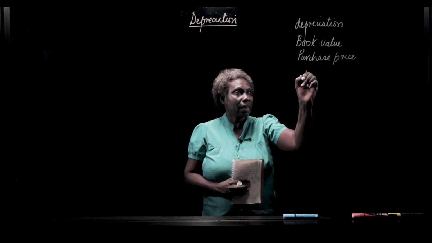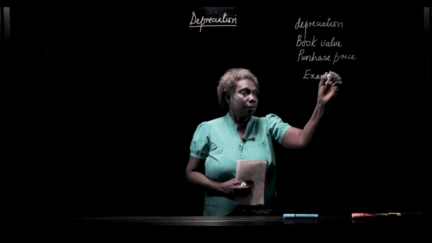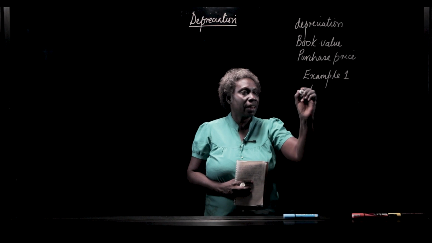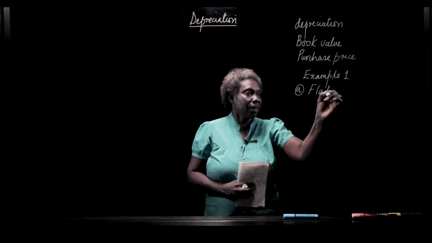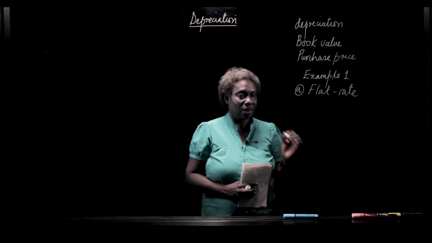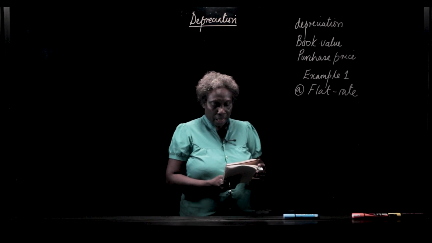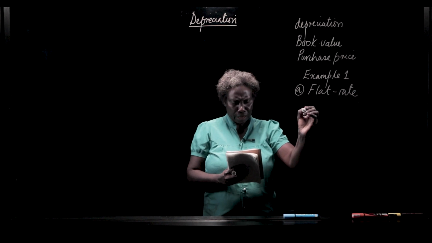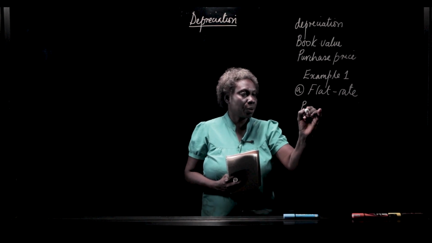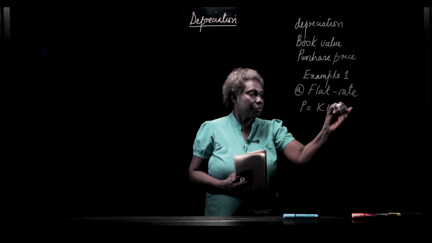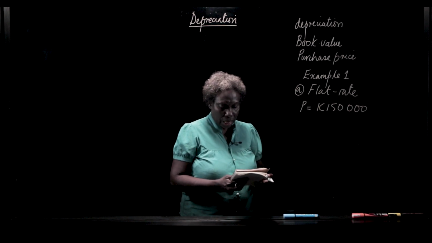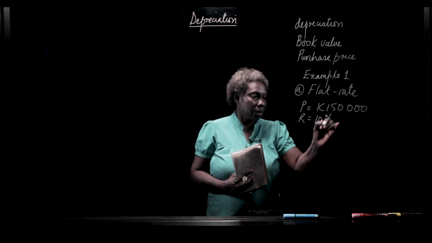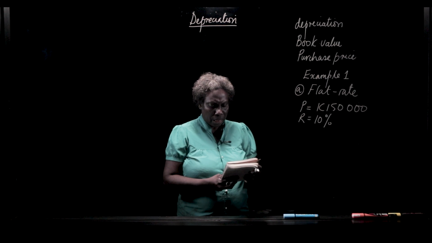Let's look at an example of flat rate depreciation, where the item depreciates using a flat rate. A 25-seater bus costs 150,000 kina, so the purchase price is 150,000, and it depreciates by 10% each year.